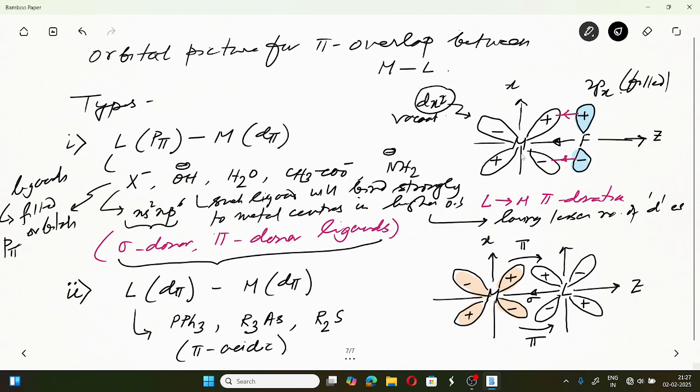Now in the second case, these metals should have excess electrons, isn't it? They should be filled. So if they have excess electrons, which means they should be in lower oxidation state.